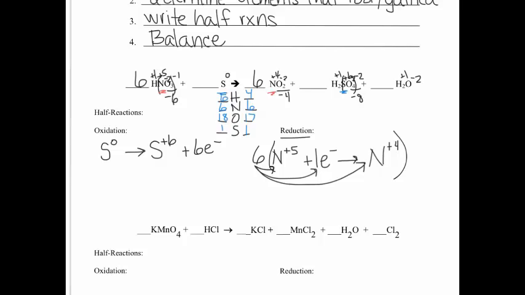So if I double that, now I have 2 hydrogens from sulfuric acid and then 4 from the water, that's 6. And then my oxygens, again 6 times 2 is 12, plus 4 is 16, and then this 2 makes this 2, so that's 18. And we are balanced.